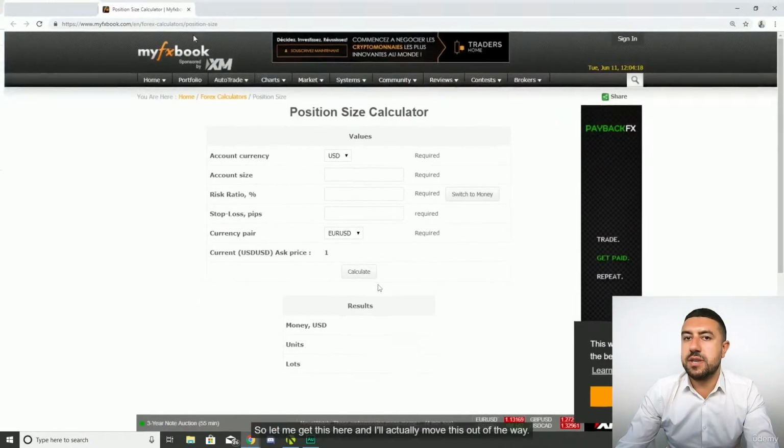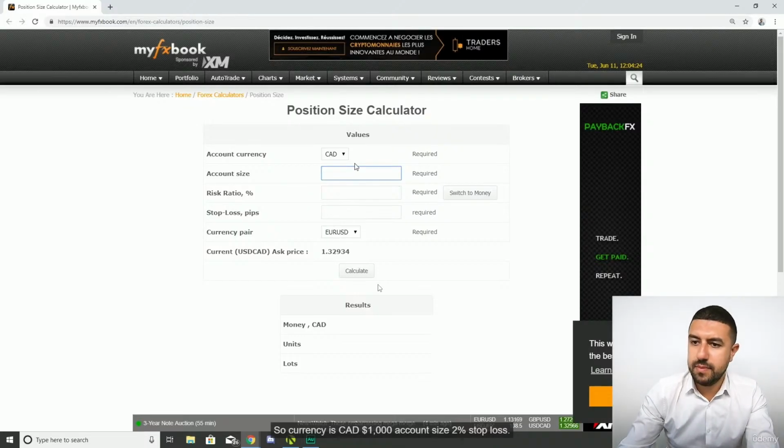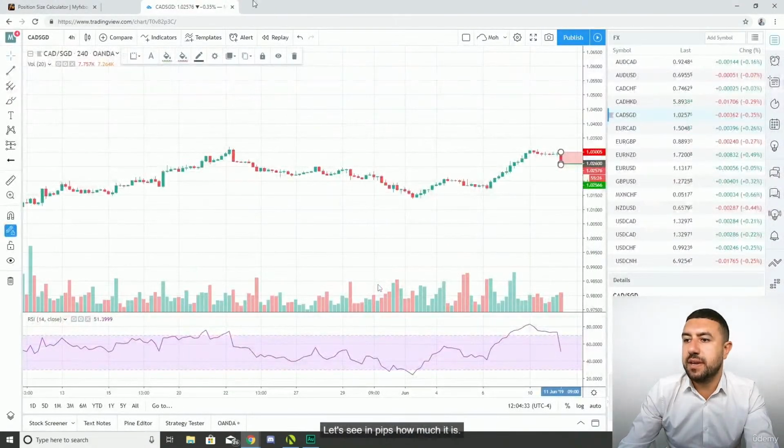Okay, so let me get this here, and I'll move this out of the way. So currency is CAD, $1,000. Account size, 2%. Stop loss, I have it set up here. Let's see in pips how much it is.